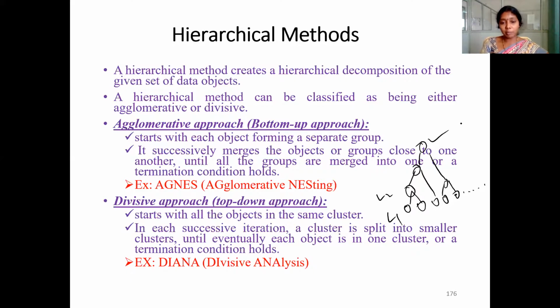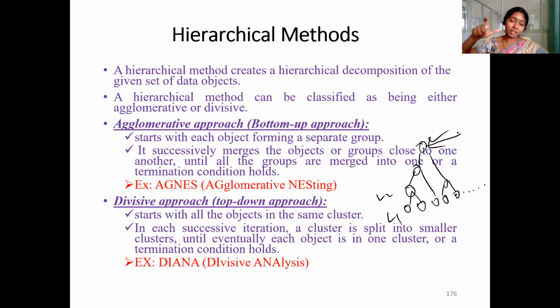Similarly, in the divisive approach, we need to start with a single cluster. That means we need to club all the data points and treat all the data points as a single cluster, and we need to split. Splitting takes place in the case of the divisive approach. We need to split the cluster into a different number of clusters gradually. That means in level 1 we have only one cluster, and in level 2 you may have 2-3 clusters.